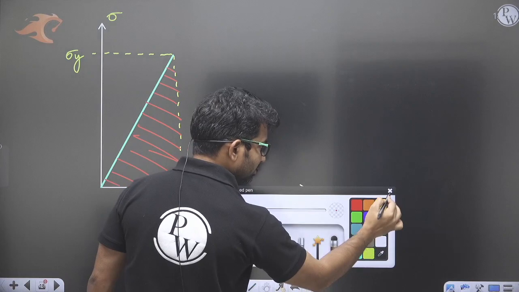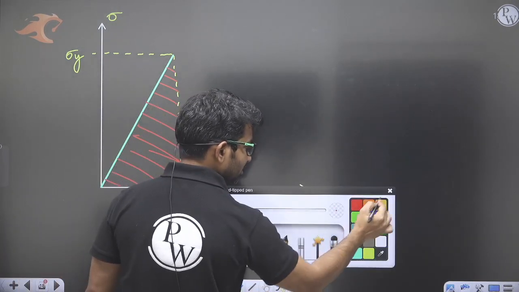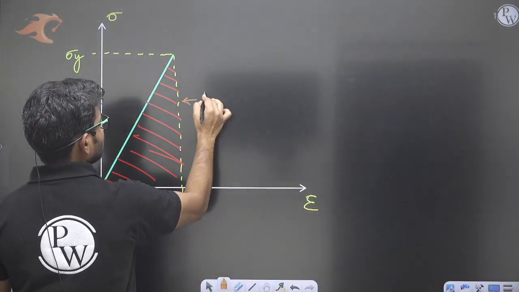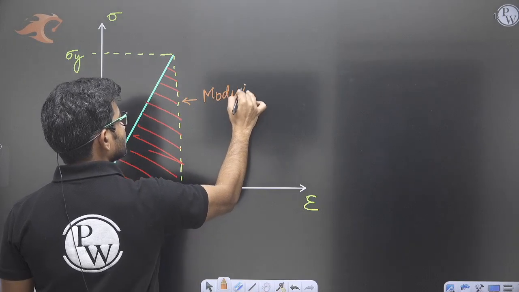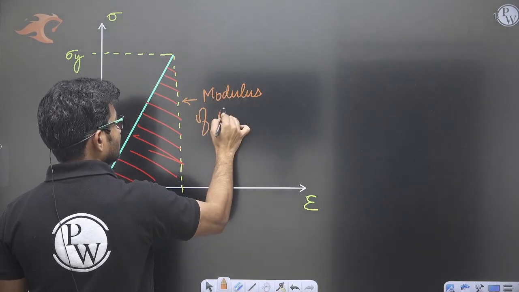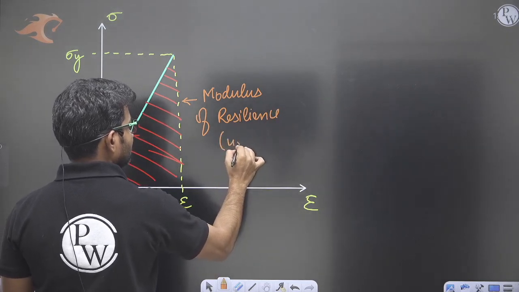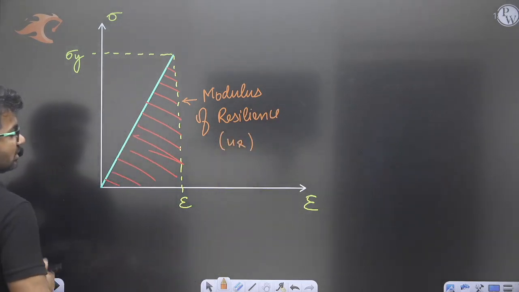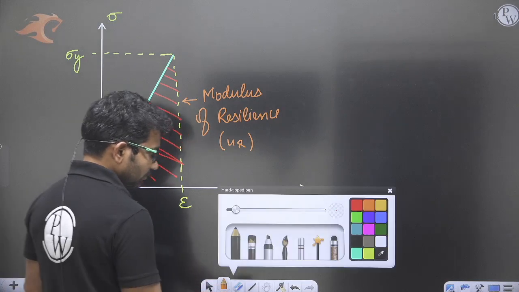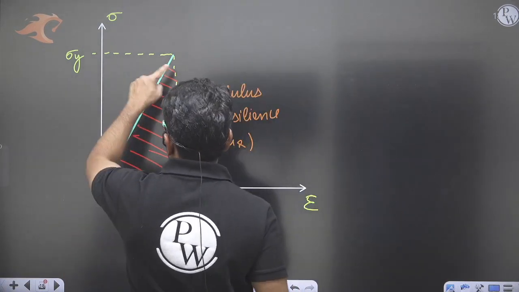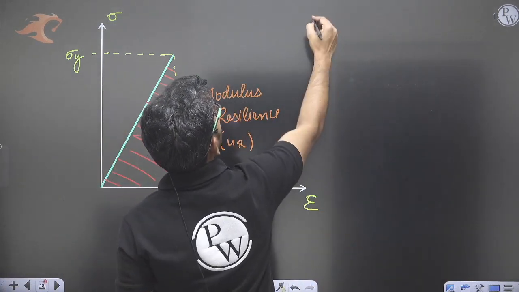Writing was not coming good with the red pen, let me try this orange pen. So this is the modulus of resilience, U r. Now for a linear elastic material, we can write the mathematical expression.